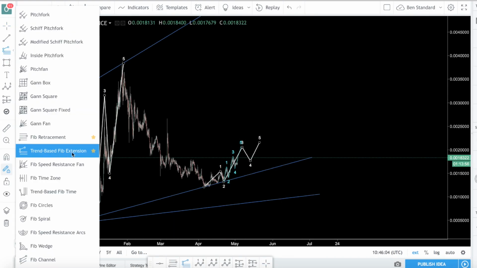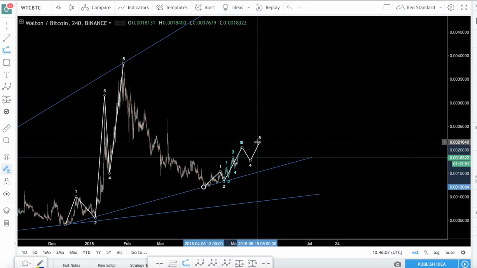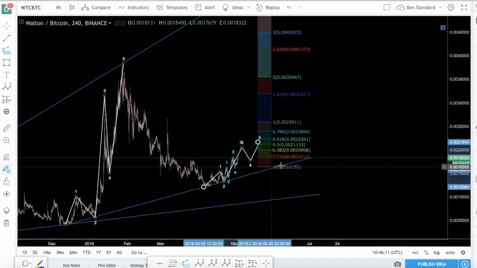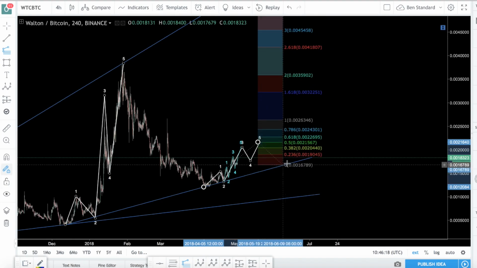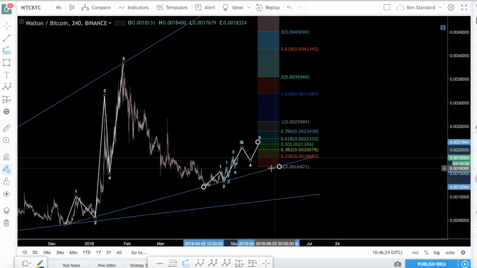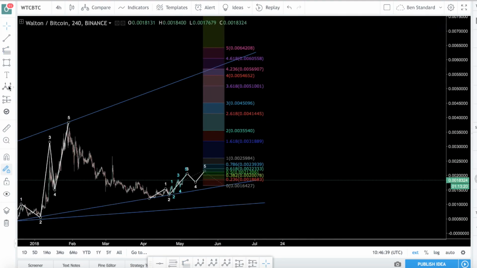So trend-based Fibonacci extension again from the bottom of the first wave till the end, and then it's probably gonna correct around 50% of the first wave. And you see this trend line here will probably act as support, so we can put it here where we find both support here and here. Now if we zoom out, we can set some targets.